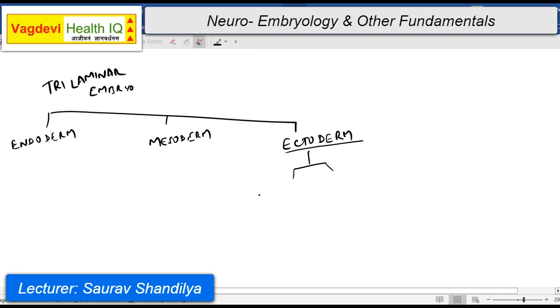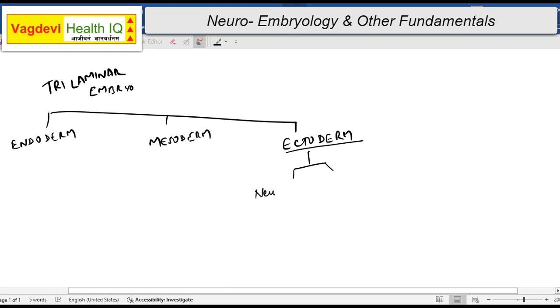One is neuroectoderm, and then another is surface ectoderm.